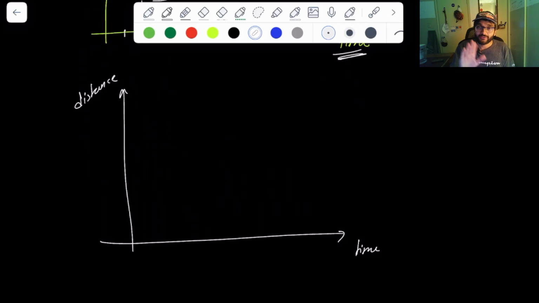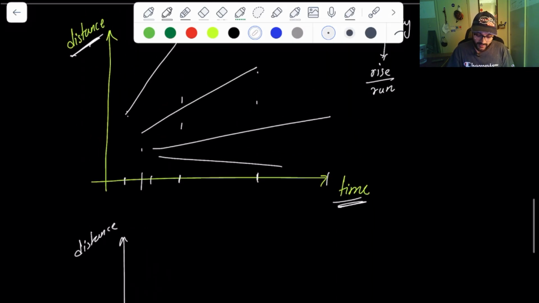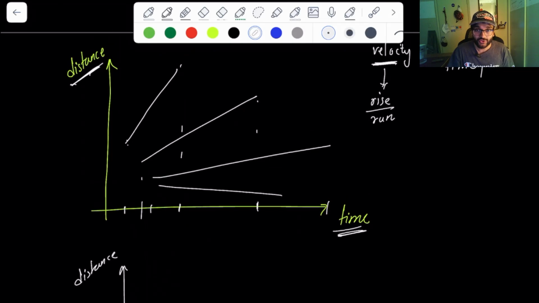All right, and if you maintain the gas pedal at a particular pressure, the velocity remains the same. So that first bit, when you started from rest, you were accelerating, or in other words, you were increasing the velocity of your vehicle over time. So what that means is that over time, this steepness should increase, right?